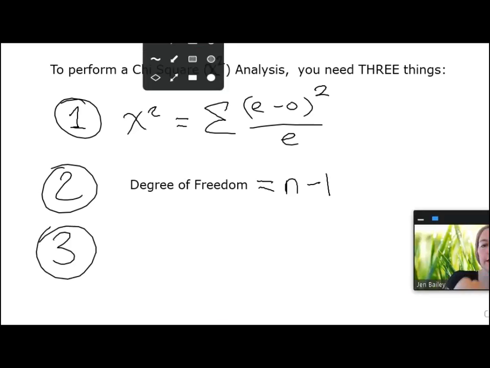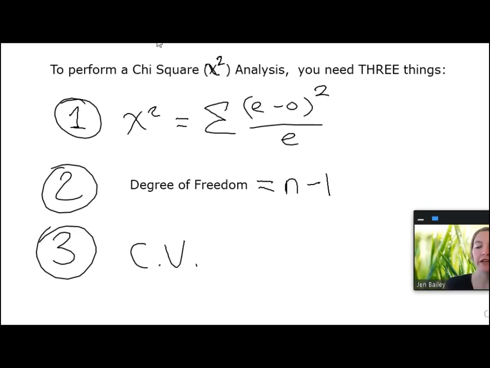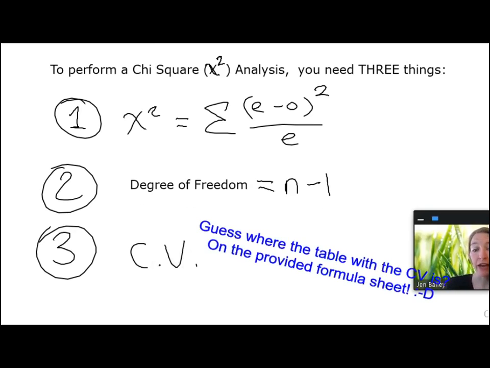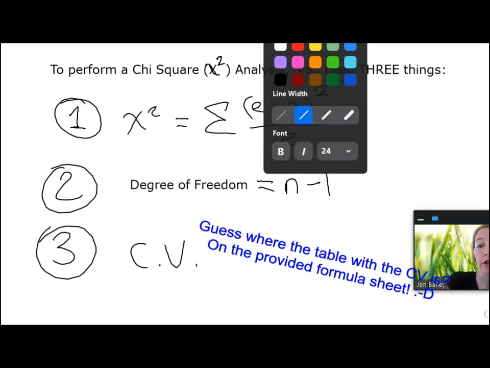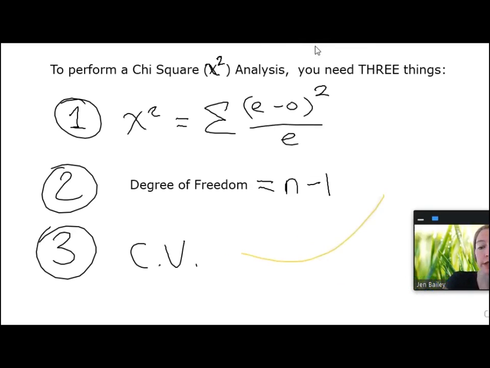The third thing we need is something called the critical value, often just abbreviated to CV. You can find this by knowing your degree of freedom, and you basically go look at a table and you find it. And what do you do once you find it? Well, you're going to be comparing your CV to your chi-square value.